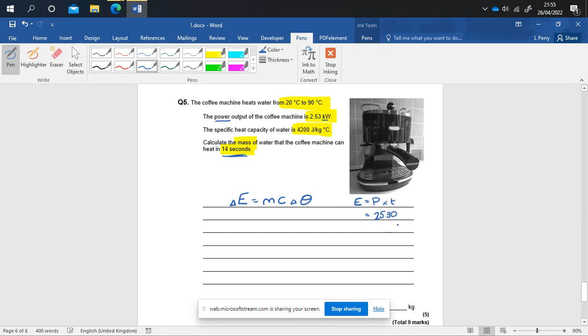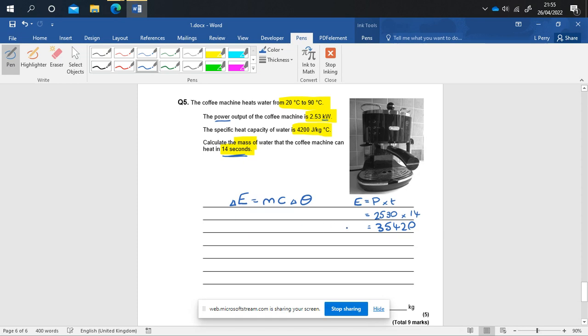I've timesed it by 1,000 to do that. You can use your calculator to help you do that if you need to. And I'm going to times it by time, which is 14. So on my calculator, 2530 times 14 is 35420. That is my energy.